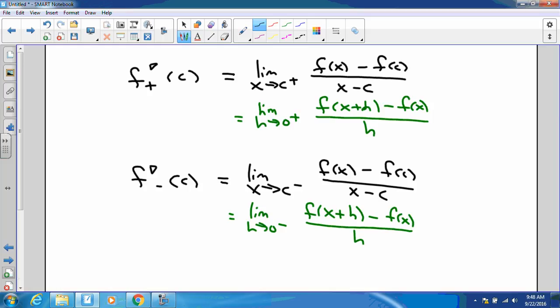And the meaning of these two derivatives is exactly what you think it is also. This is going to be the slope from the right, and this is going to be the slope from the left.